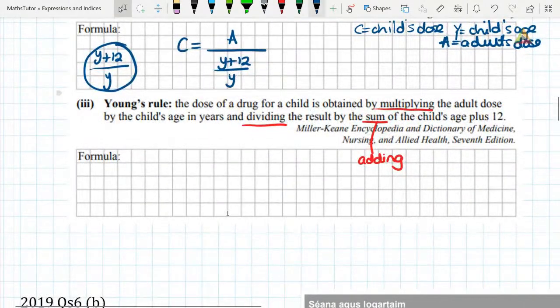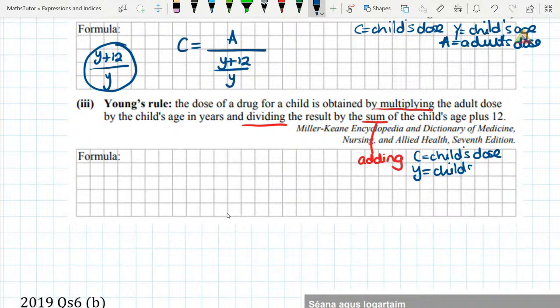So again, let's break this down. So we'll start with multiplying the adult's dose by the child's age in years. So C again is the child's dose. Just to remind you what our variables are. Y is the child's age. And A is the adult's dose.